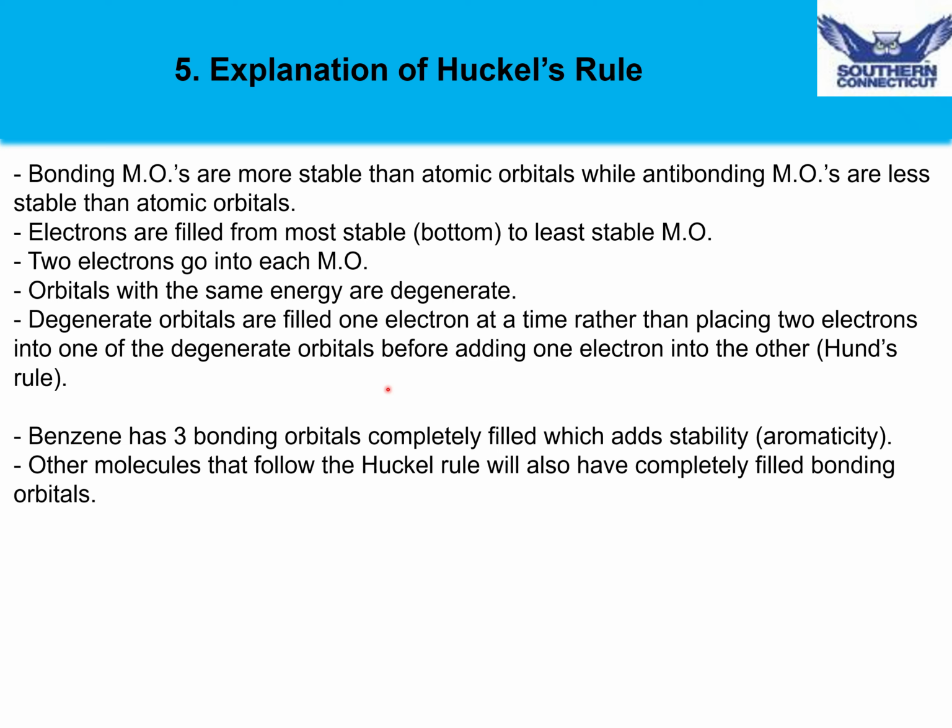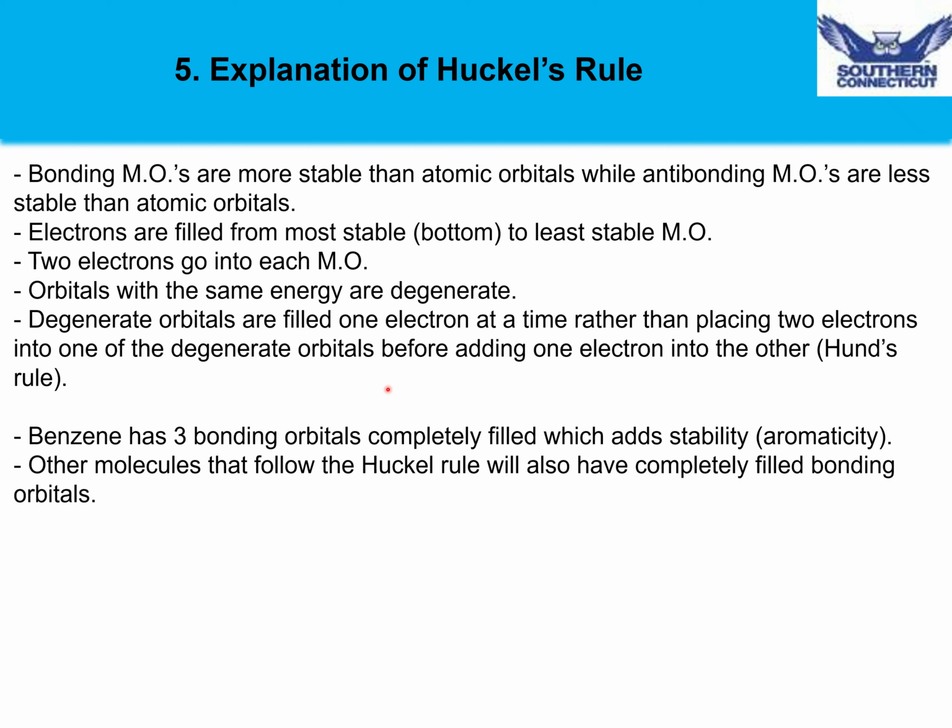So if you notice, the molecular orbital diagram of benzene has 6 p orbitals. Each one has an electron, rather than having 3 that are completely filled and having 3 that are completely empty. As we saw, benzene has 3 bonding molecular orbitals that are completely filled.